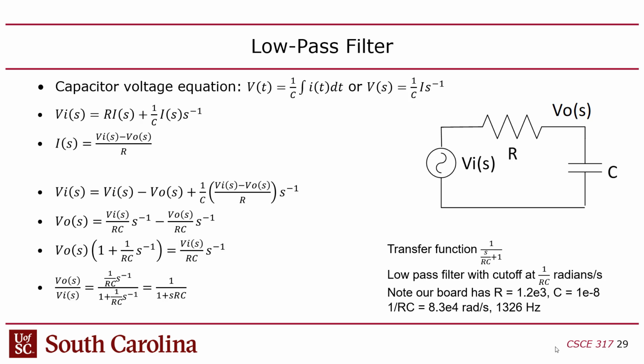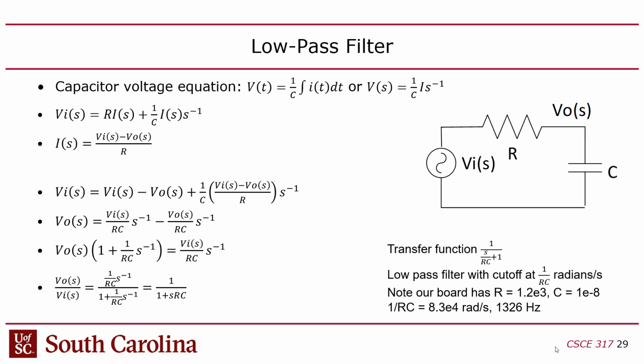Okay, so then you can do the same kind of analysis here. It took me a while, as you can see, to get here. But basically, I solved this circuit and I put it in the S domain, right? Assuming I did this right.